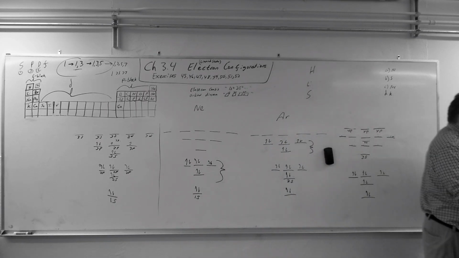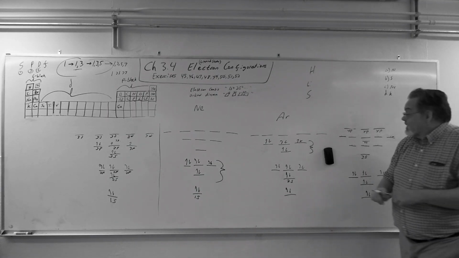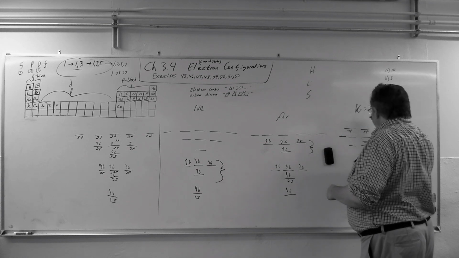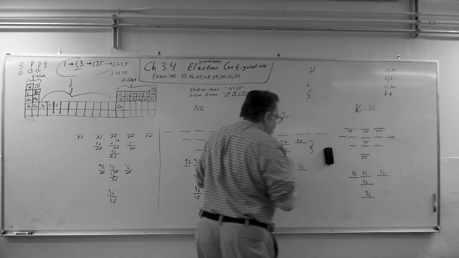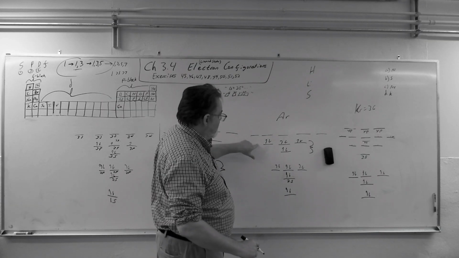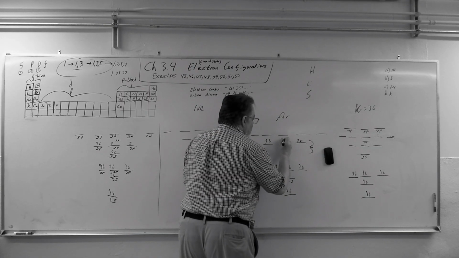If I wanted to go to krypton, I did argon. Once you get to krypton, you're going to go across one of the d orbitals. Krypton is 36. But I can do it without counting to 36. There's the S and P full. The 4S is right here, but there's nothing in it for argon.